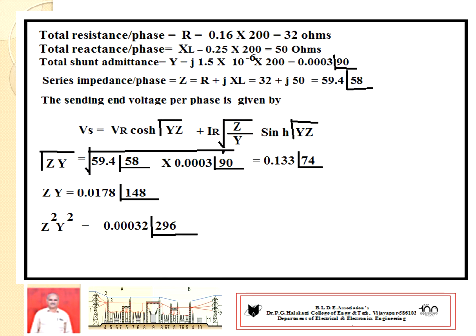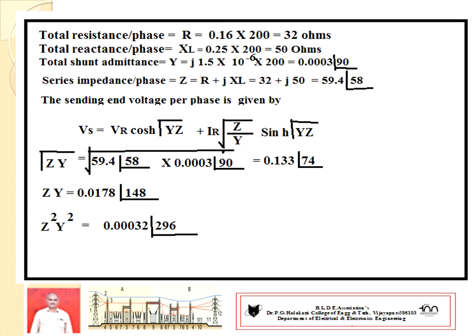So already you know Z and Y. Go for calculation of under square root of Z into Y. You substitute the values, we get 0.133 with an angle 74. Then Z into Y and Z square into Y square. These steps are helpful to do the calculation for cosh and sinh series.